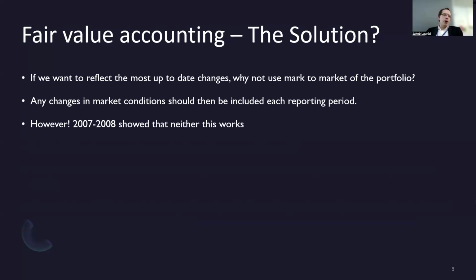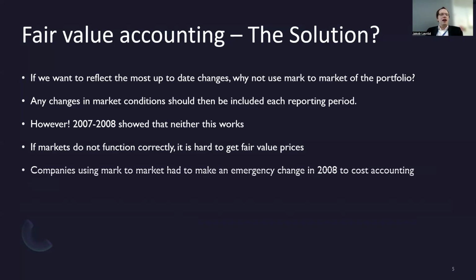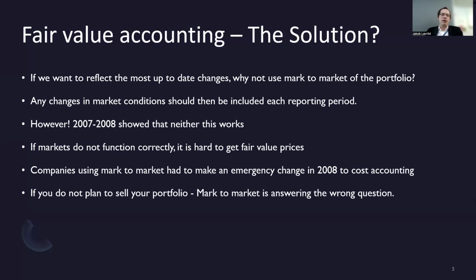However, there was also a lot of problems when this was discussed in 2007 and 2008, because you can't really set fair value prices based on a market when a market might not exist. There were even companies that had assets at fair value accounting that had to take them back to some sort of cost accounting because they couldn't figure it out, as the market was so crazy.